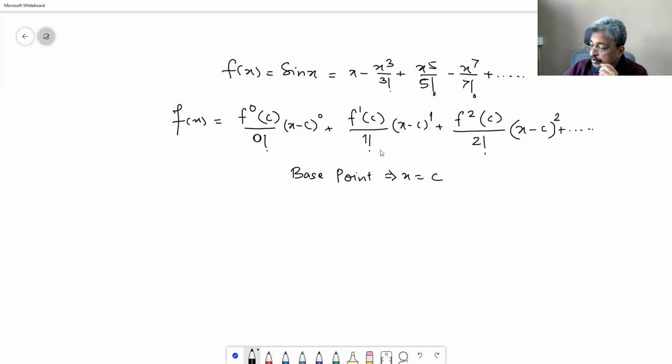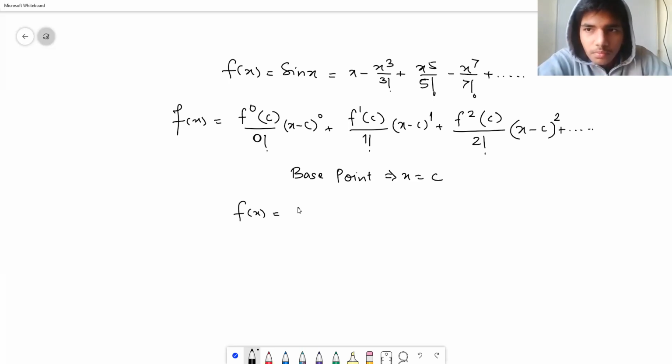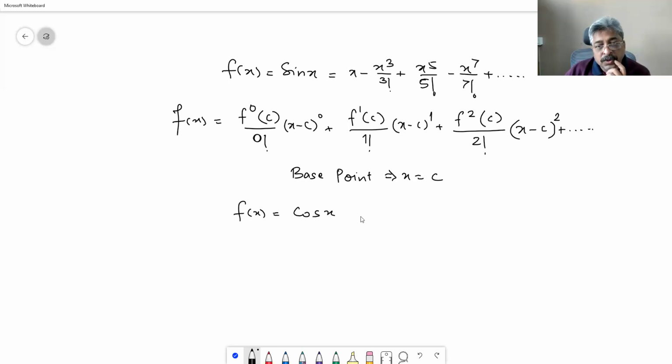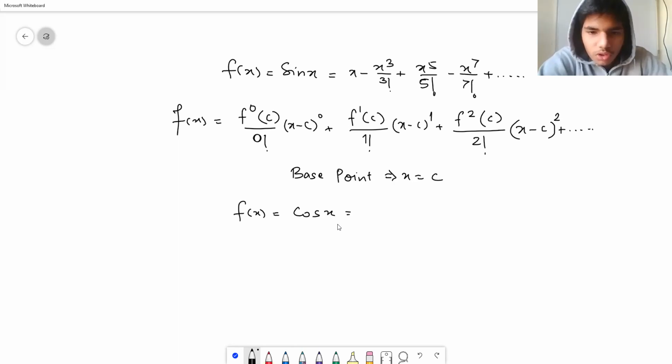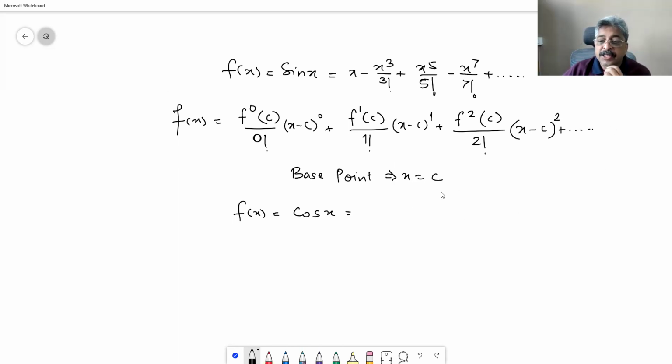Okay. So before we give legal status to this particular expansion series that we have got for sine x, let us try to figure out what should be the series expansion for cos x. In this formula the base point is c.